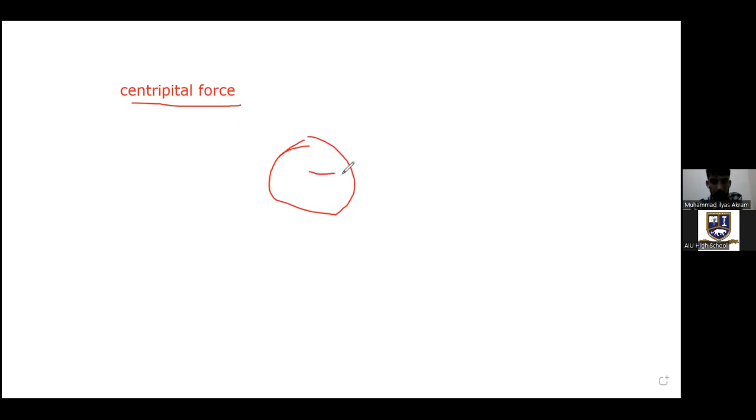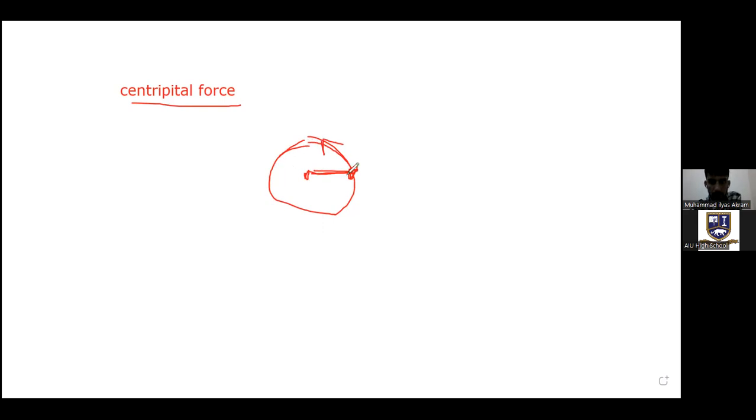We can take the example of a stone tied to a thread, which we revolve about our finger. This is the stone moving in that direction, this is the finger, and that is the thread.